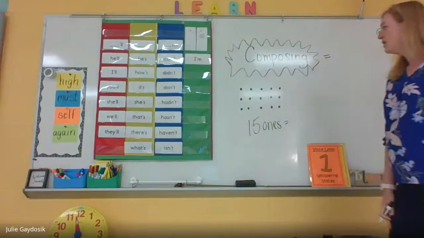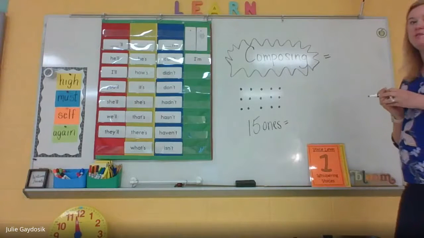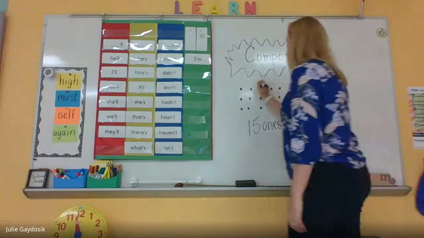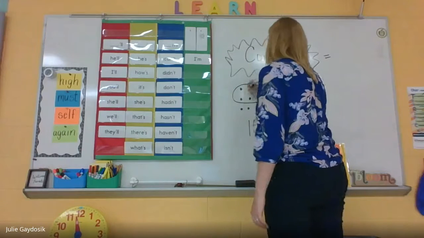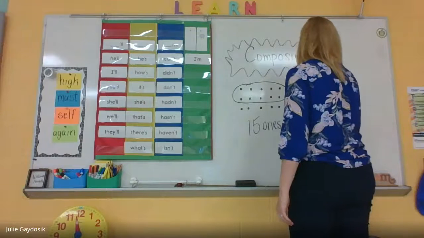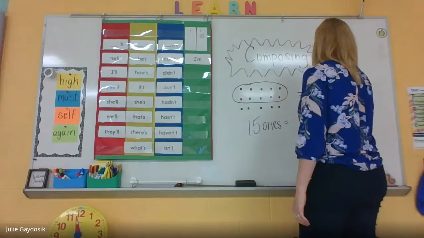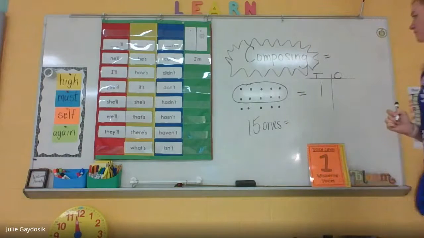Now, I want to compose those to at least make 1 or 2 tens, however many there are. Well, I see one group of 10 here. So even if I draw out my tens and ones chart, you could do that too. I'm going to draw 1 ten.